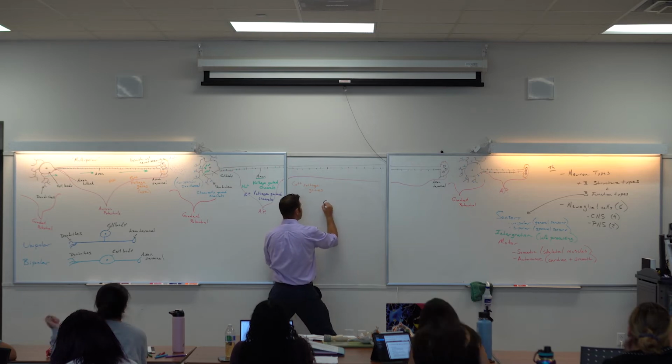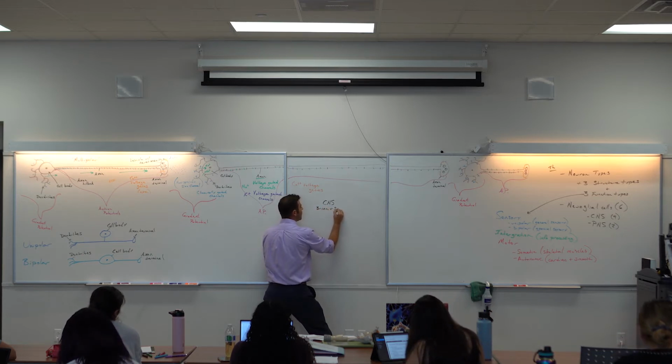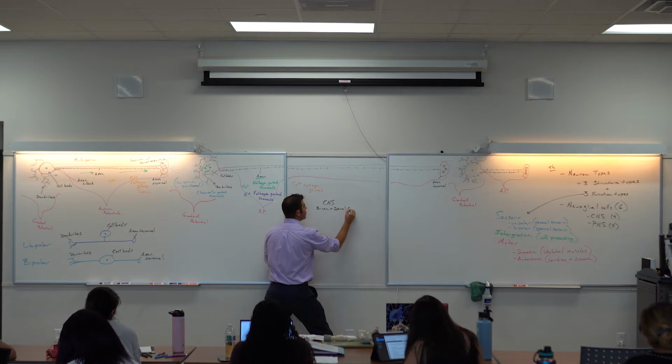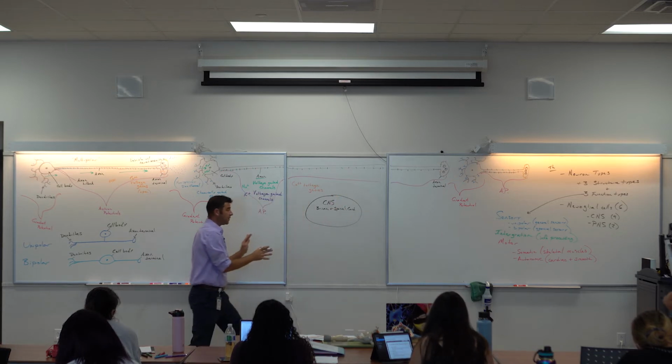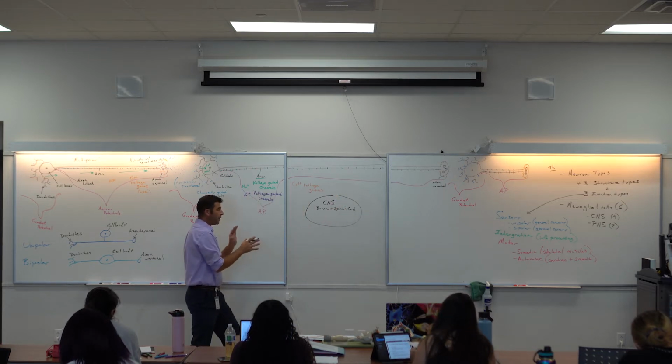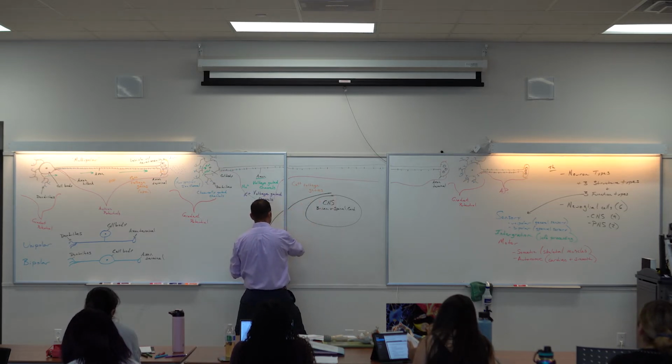When we're thinking about the central nervous system, this is really just the brain and spinal cord. I'm going to draw just this circle that represents the brain and the spinal cord. The brain and the spinal cord is going to be nested inside the peripheral nervous system, so I'm going to take a slightly bigger circle.